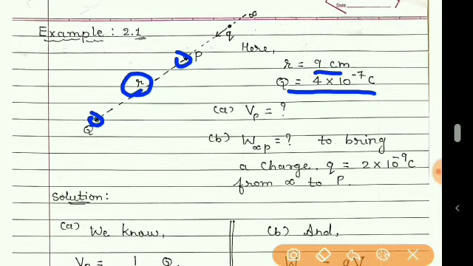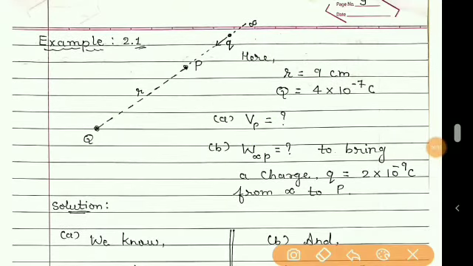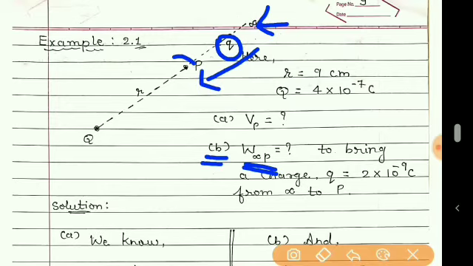and in this condition we have to find the potential at point P due to this charge q at a distance r, and symbolically it is represented as Vp, and we have to find the work to be done to bring a small charge q from infinity to this point P whose potential is Vp.